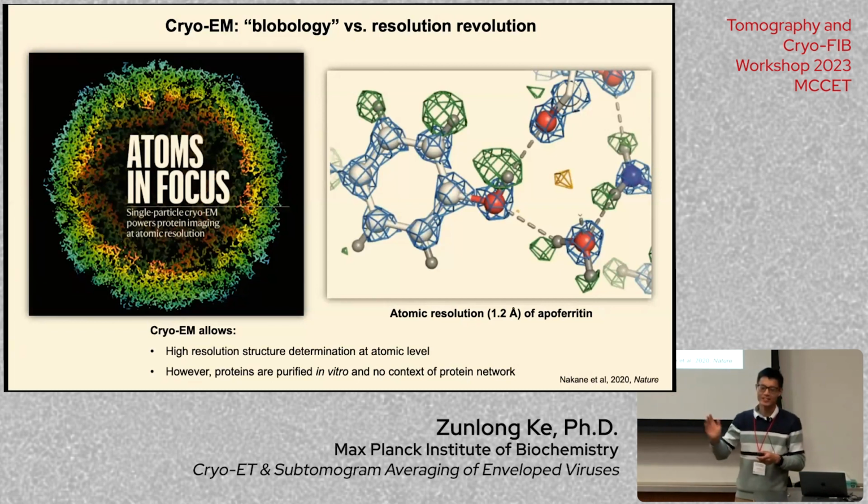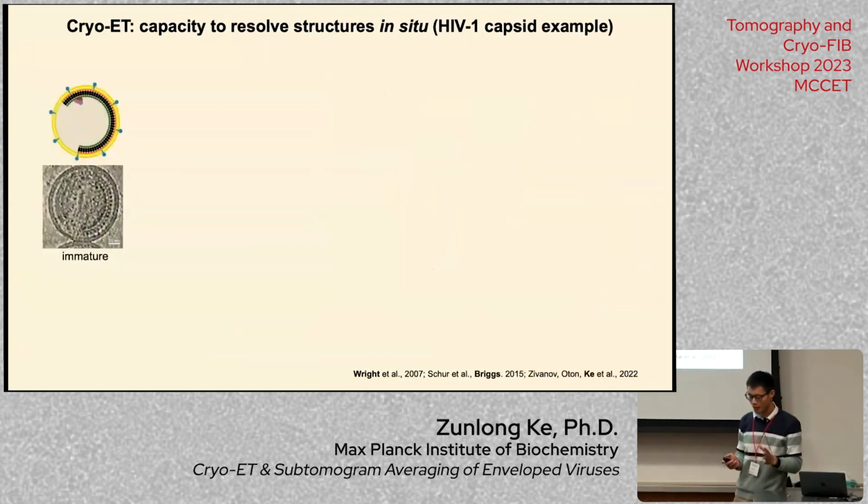However, we do not have the context we wish to achieve, because any structures of proteins function inside cells, and that will be lost if we do it this way. However, there is a solution to that. It's called cryo-electron tomography, or Cryo-ET. That's what this workshop is about. I'll show you an example of the evolution of Cryo-ET instead of the evolution of cryo-EM.